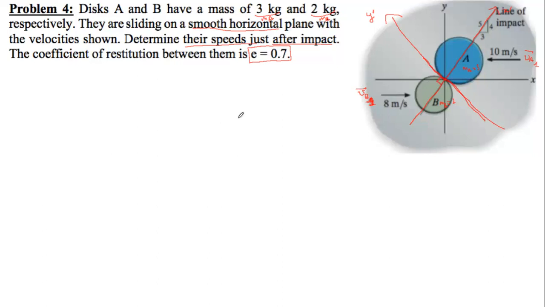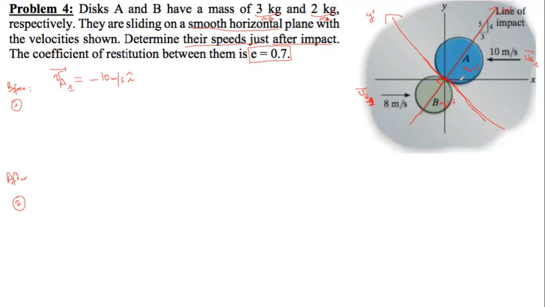Now what I will do here is I will call the velocities before impact situation 1, and after impact situation 2. So let me write the velocity of A before impact, VA1. You can see it here, minus 10 meters per second i hat.